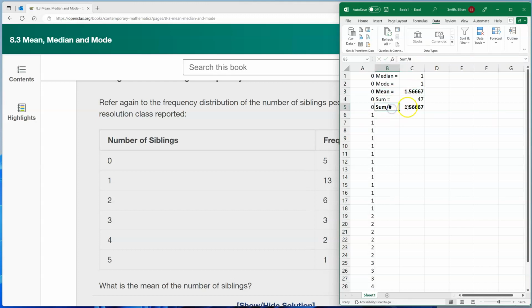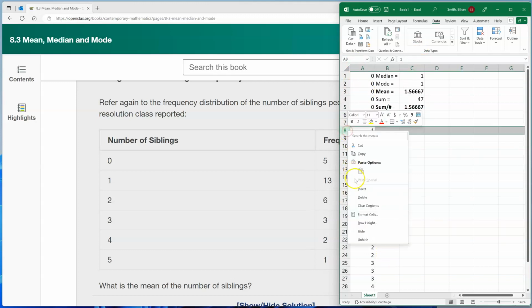The mean is just the sum divided by the number of things. Now, if you want to be an Excel pro, we wouldn't put in the number 30. We would put in the function count, and then it would count the number of things for us, so that if we add things to this column, it'll automatically update that count.